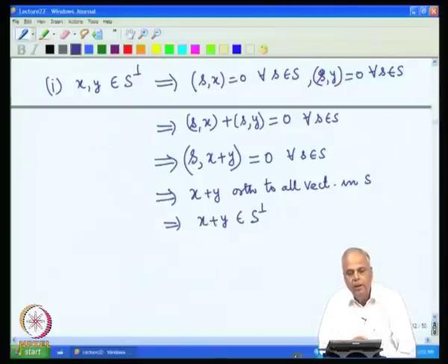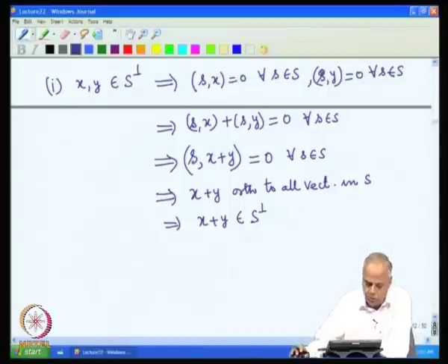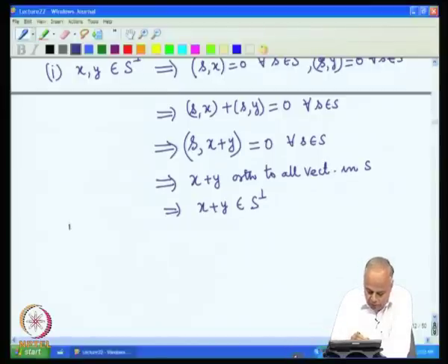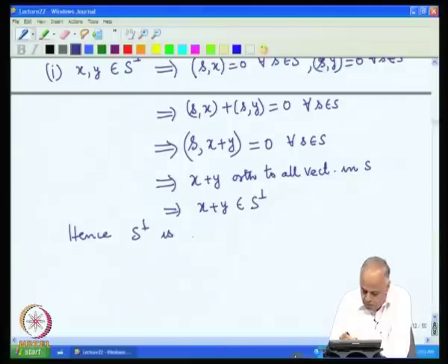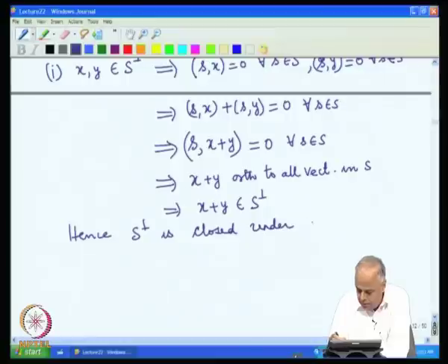Therefore, whenever x and y belong to S perp, x plus y also belongs to S perp. This shows that S perp is closed under addition.